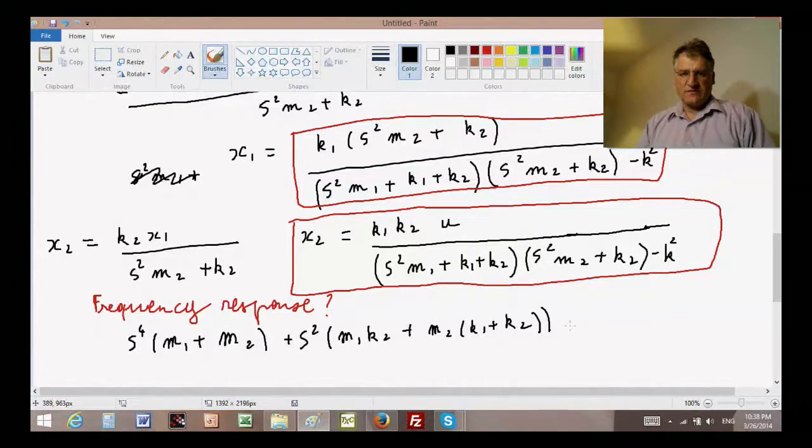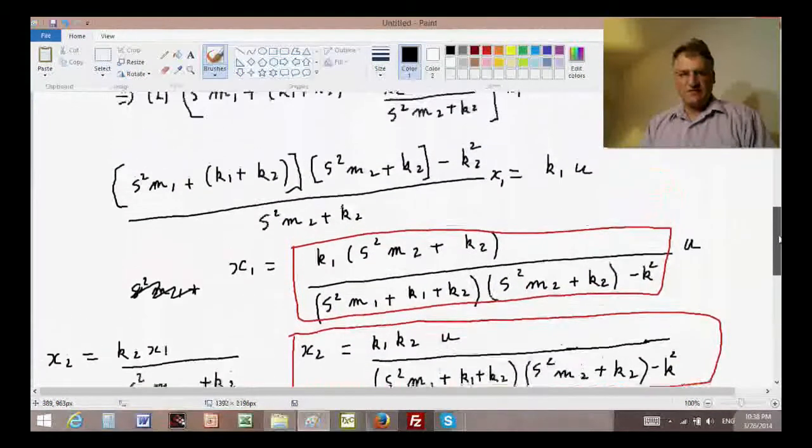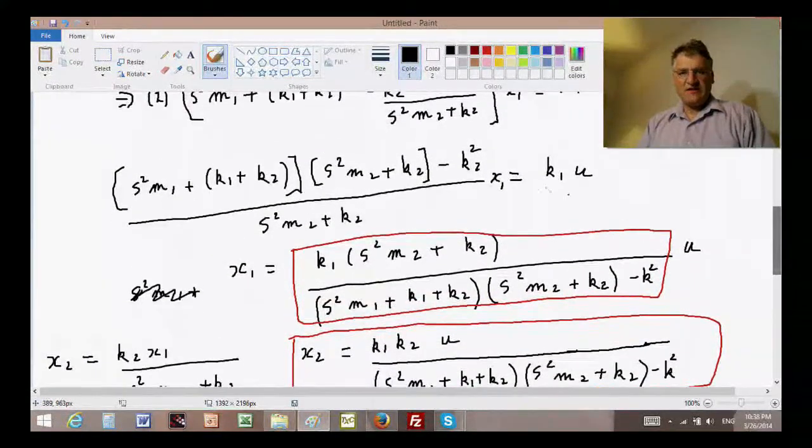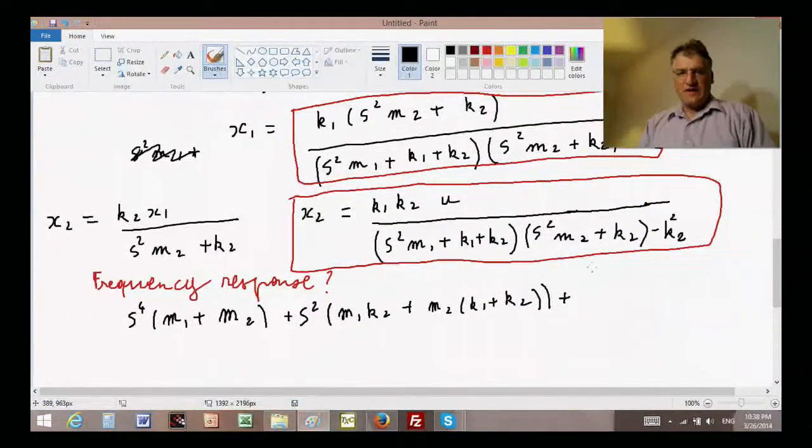The third element is going to be k1 k2 plus k2 k2 minus k squared. What is that k? What we meant by that k is this guy, which is therefore k2 squared. And therefore, we obtain k1 times k2.